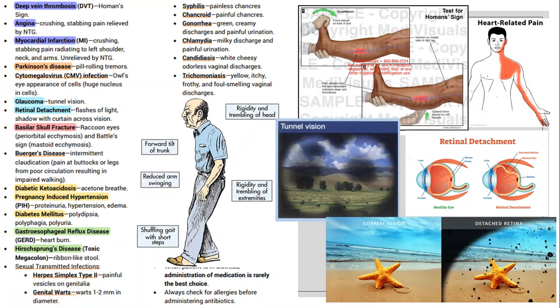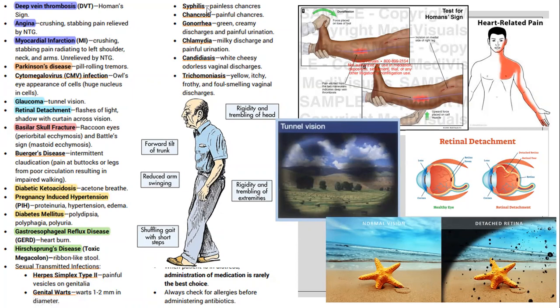Now, a few pieces of information about sexually transmitted infections. In case of herpes simplex type 2, we can see painless vesicles on the genitalia. In case of genital warts, the warts are 1 to 2 millimeters in diameter. Treatment is cryotherapy.